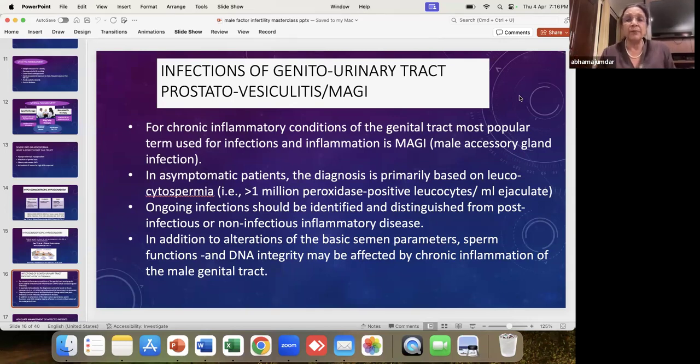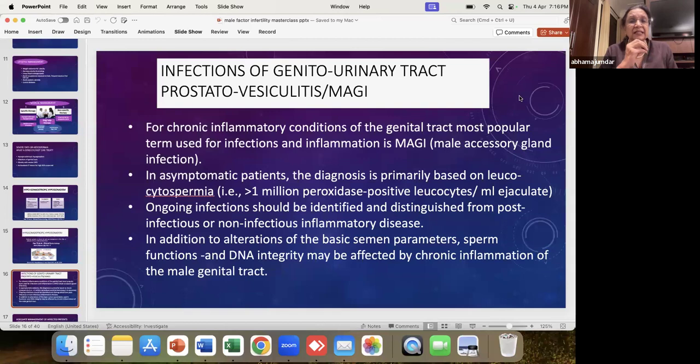After you find peroxidase positive leukocytes more than 1 million, then you order a culture and tell him how to collect. Ongoing infection should be identified and distinguished from post-infectious or non-infectious inflammatory diseases. So ongoing infections will generally have symptoms. They don't go without symptoms.